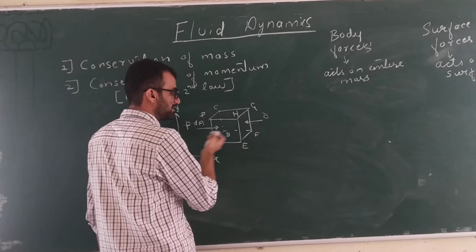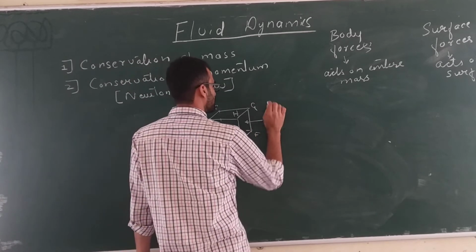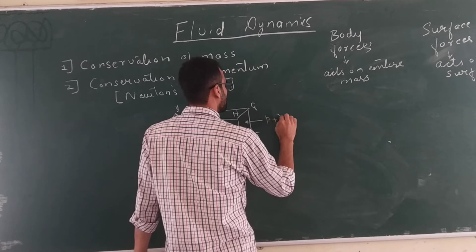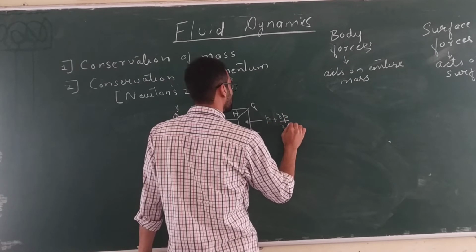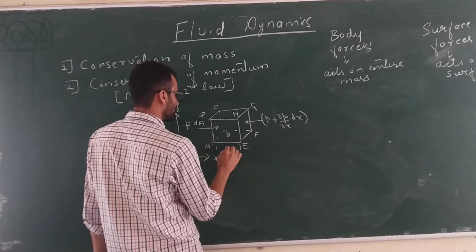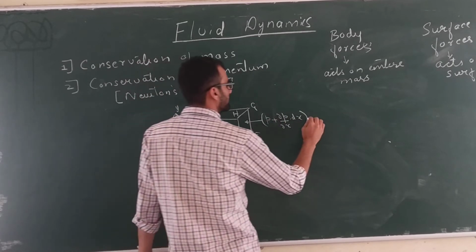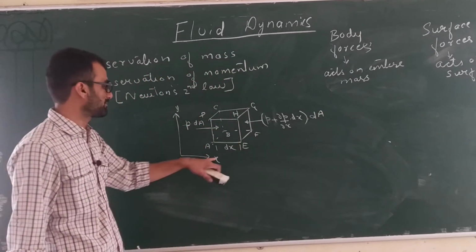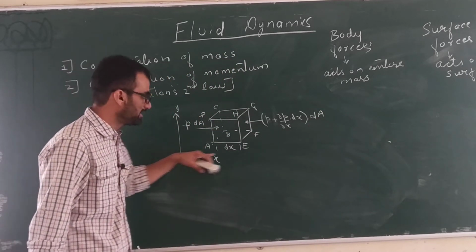If pressure is changing along the x direction, what can we write? P plus del P by del x into dx, if this is dx, into dA. So this will be the pressure force acting on the surface in the x direction.